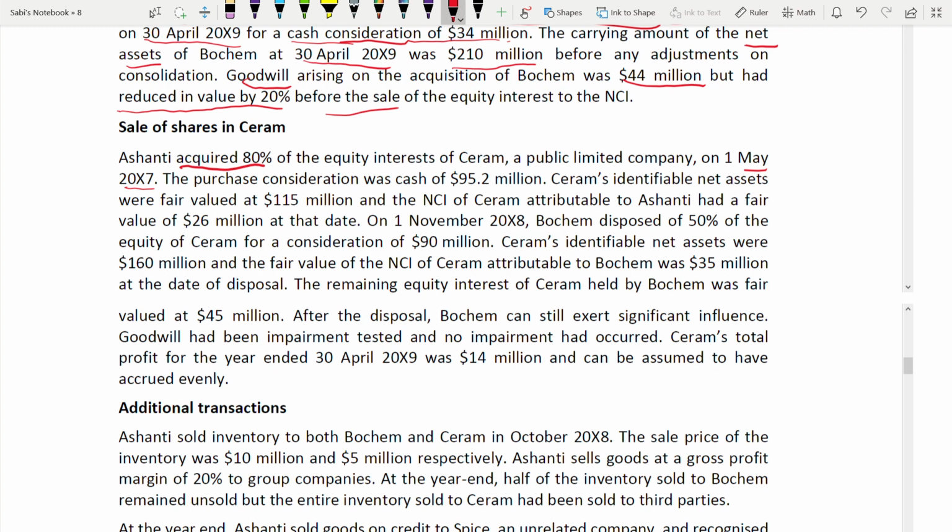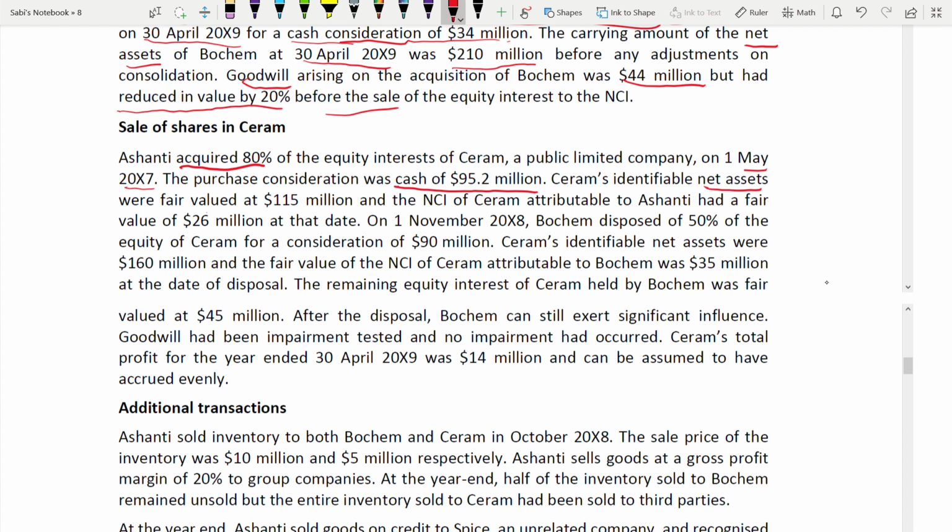Now the purchase consideration. So you have acquired this, and the purchase consideration is in cash, 95.2 million. So net assets, by now you know, at least three things they will give: NCI, identifiable net assets, purchase consideration. Fair value, and also the profit and loss account and the statement of financial position. These things will come.